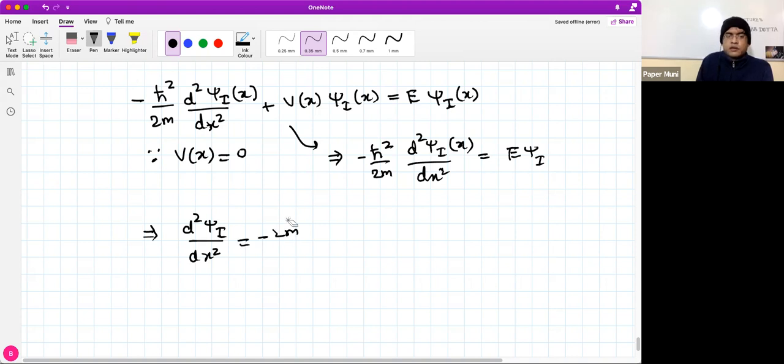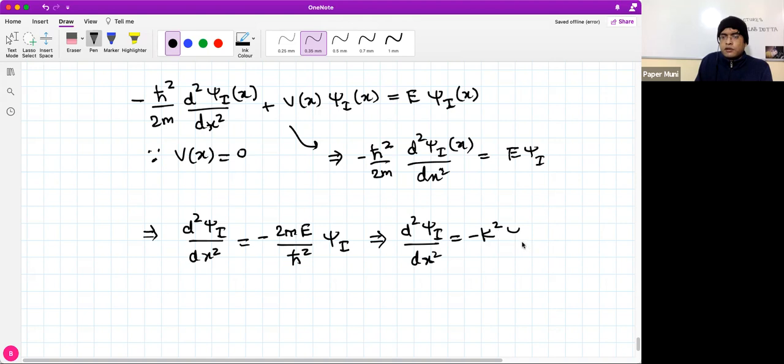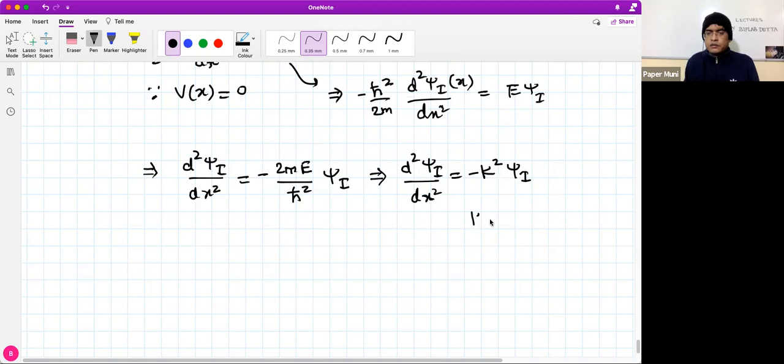This equation we have already come across in the case of the free particle as well as the 1D box, but the boundary conditions were different. It is the same equation which we wrote several times. Let's simplify it further by including k this time. So this is equal to minus k square psi 1, where k is root 2mE by h cut square.